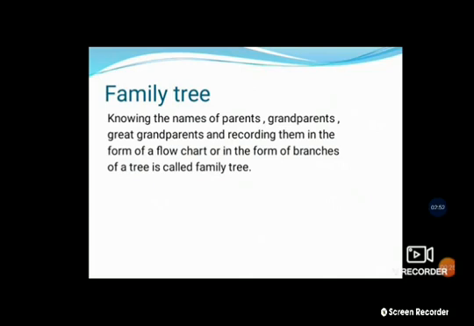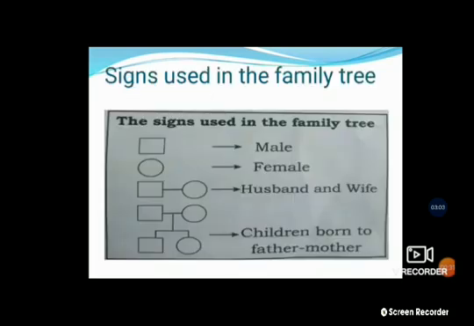So what is a family tree? When we write all those family members' names in a flow chart or in the branches of a tree, it is called a family tree. Then see the signs used for family trees. The square indicates the male, and the oval shape indicates the female. A square and oval together indicate husband and wife, and a square and oval with a small square and oval indicate children born to father and mother.